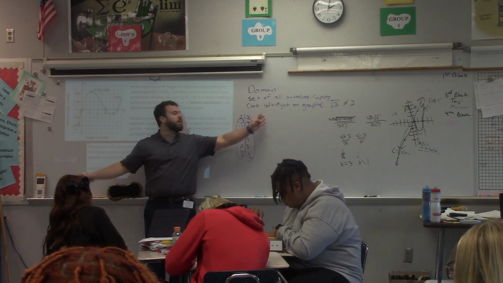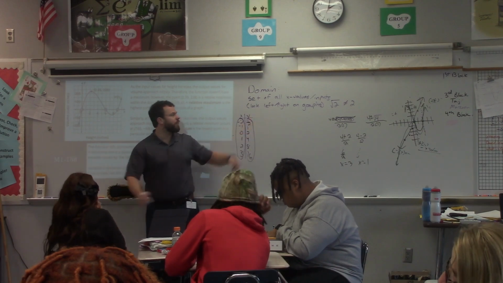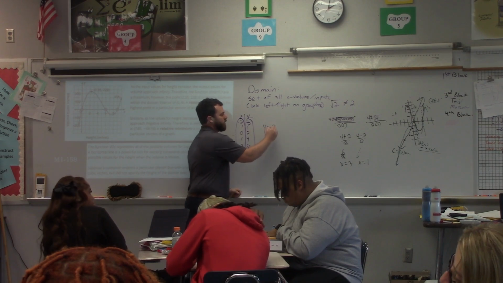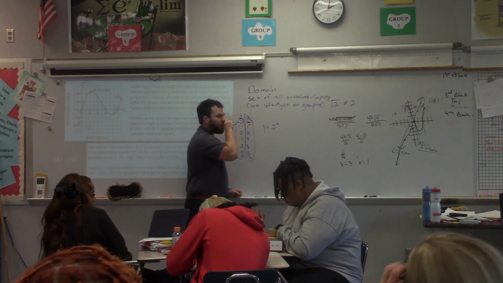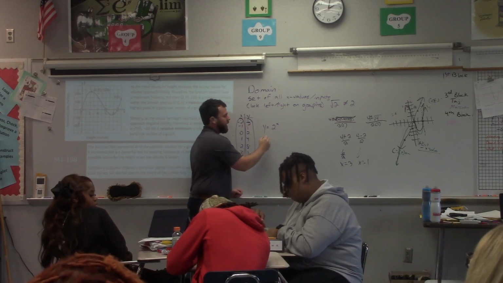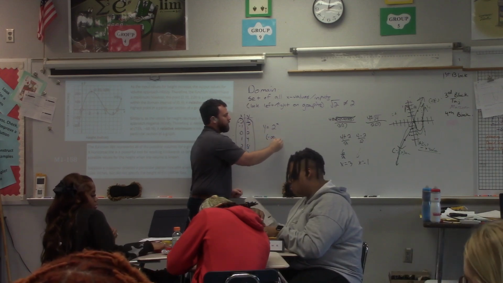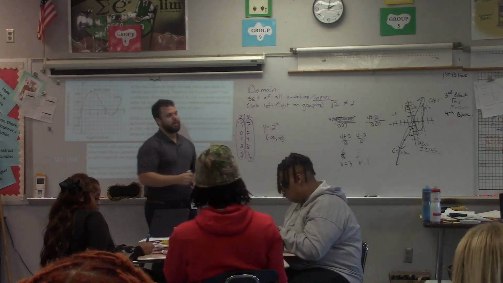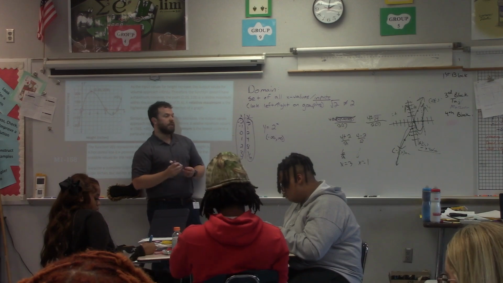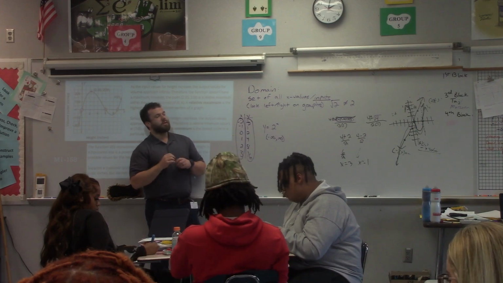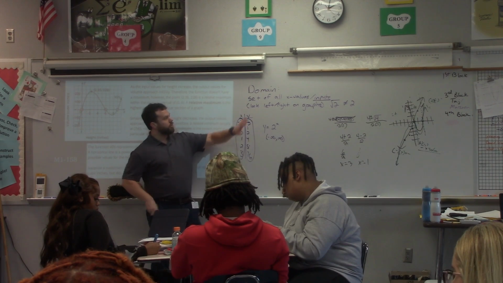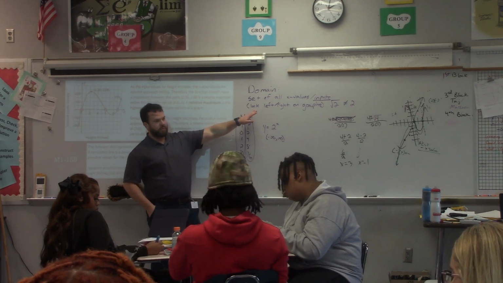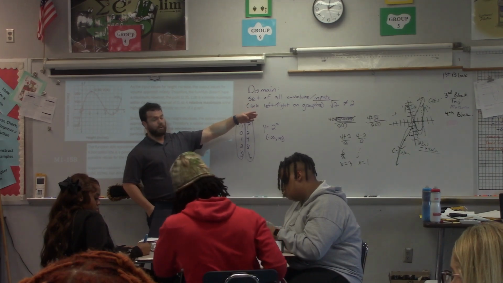That is specifically about a graph, but if I were to give you this equation without a graph, without a table, without anything, I know that the domain here is negative infinity to infinity, because I know that I can substitute anything into that equation. Inputs is anything, so it's negative infinity to infinity. So I just want us to make sure that we understand, it's not just looking left or right, that's only on a graph. It's all x values or inputs.